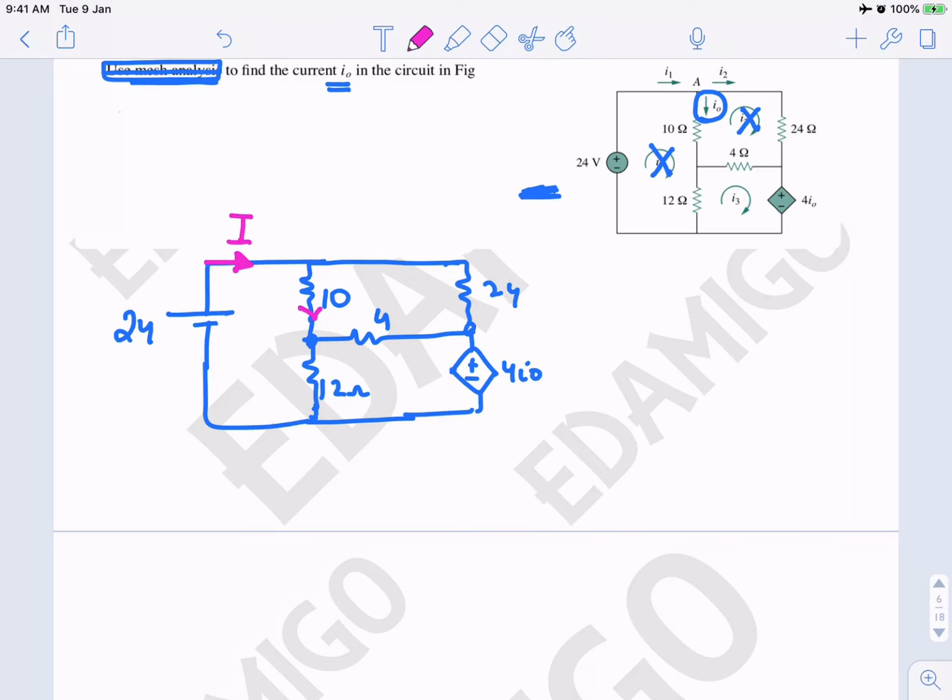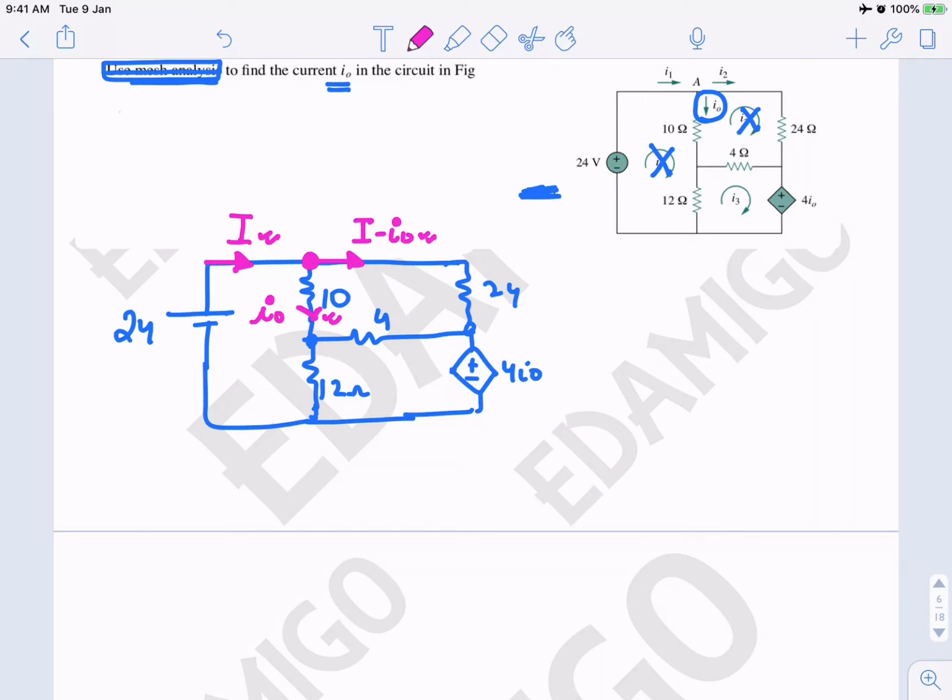I naught will go in this resistance, so current in this branch will be I minus I naught. I have applied KCL at this node: incoming current is capital I, outgoing current is I naught.